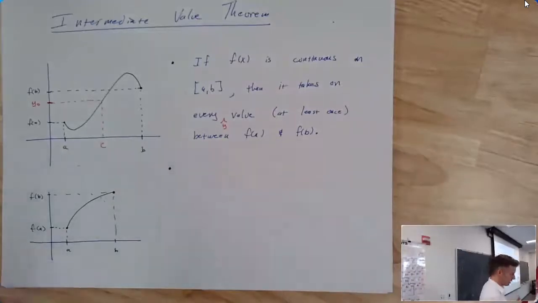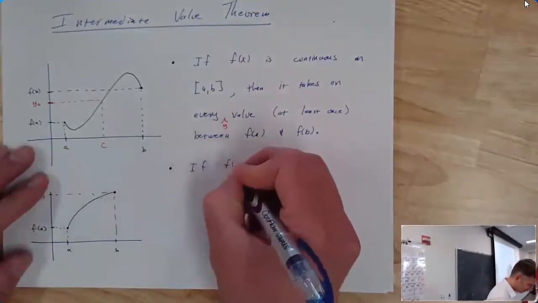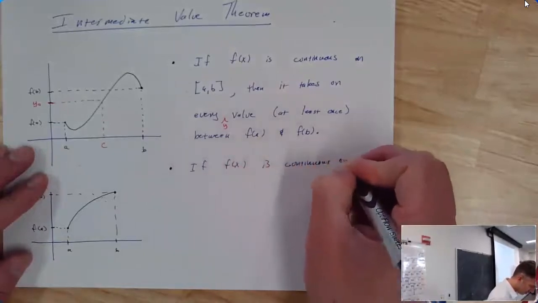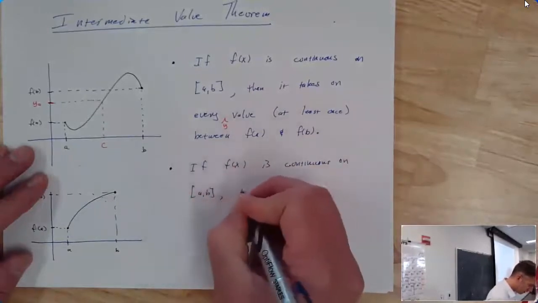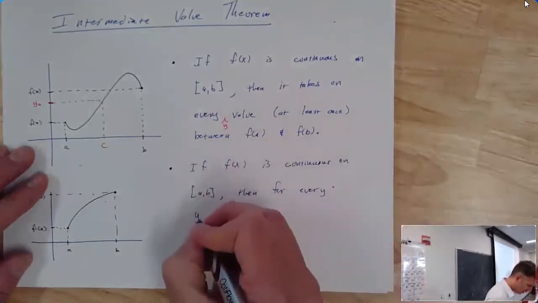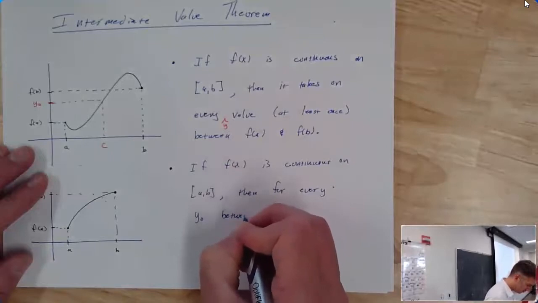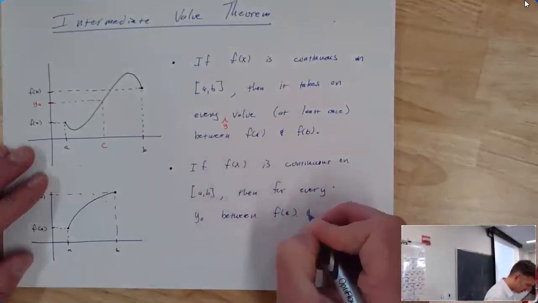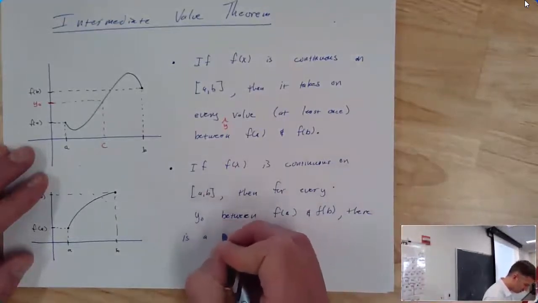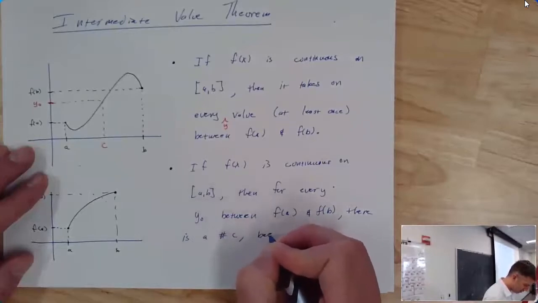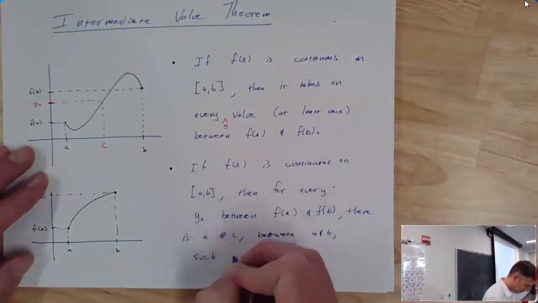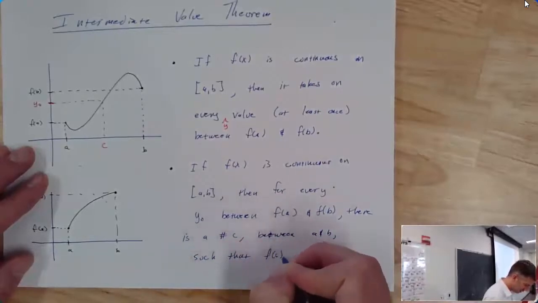Here's the more mathy way of saying it. If f of x is continuous on the closed interval from A to B, then for every y naught between f of A and f of B, there is a number C between A and B such that f of c is equal to y naught.